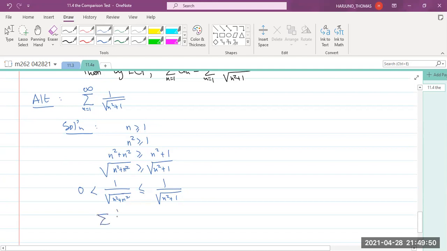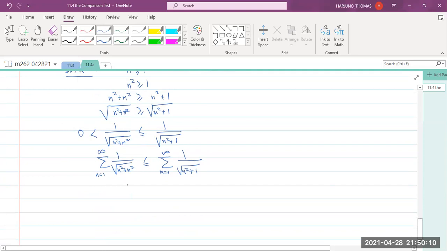So the series here is less than equals to the series here, the series that we want to observe. But the series on the left-hand side is actually one over n square root of 2, right? Which is equal to 1 over square root of 2 of the series, our harmonic series.